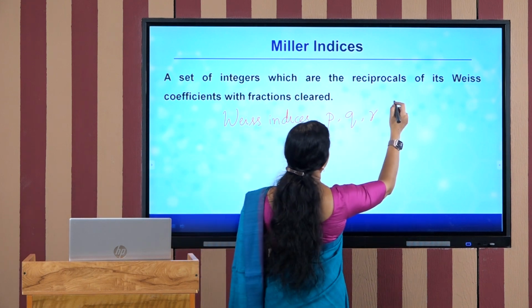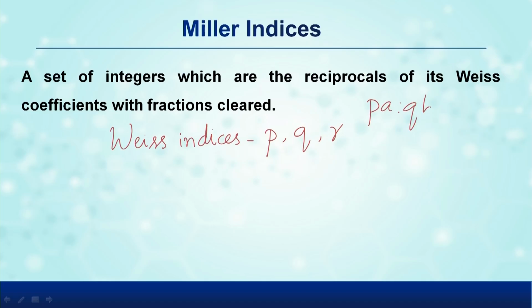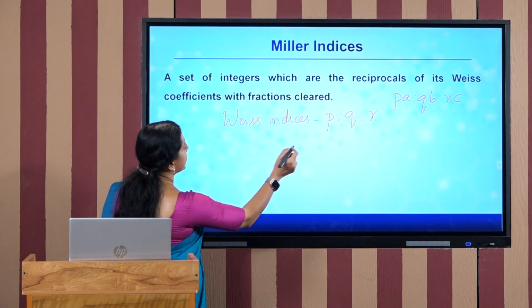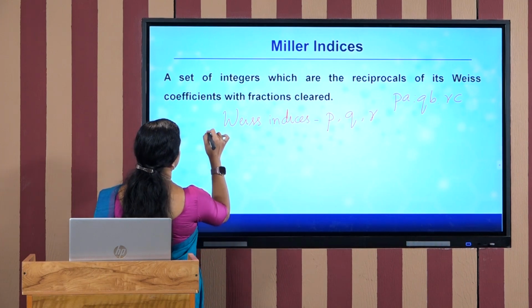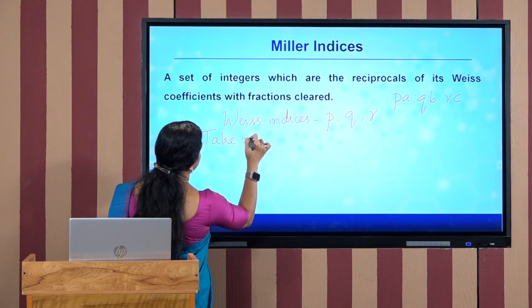When we represent the ratio of the intercepts as pa : qb : rc, the coefficients of a, b and c are called the Weiss indices or Weiss coefficients. Now, if we take the reciprocals of these Weiss indices, okay, we have to take the reciprocals.